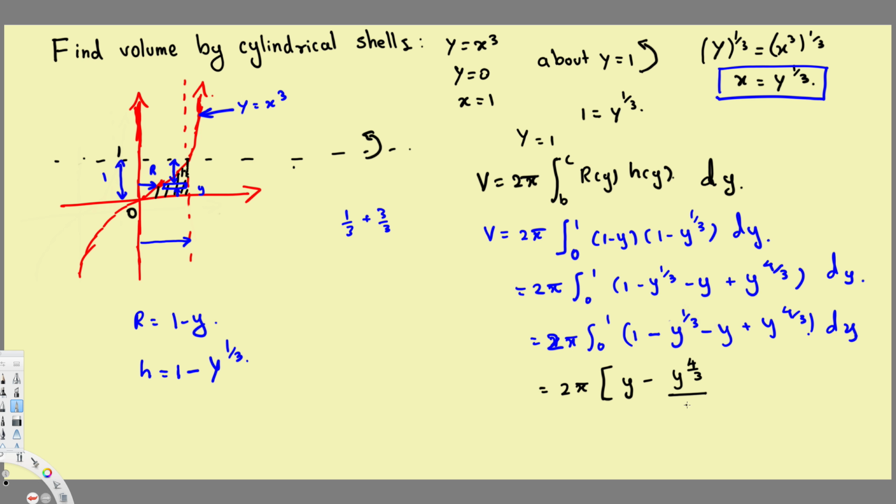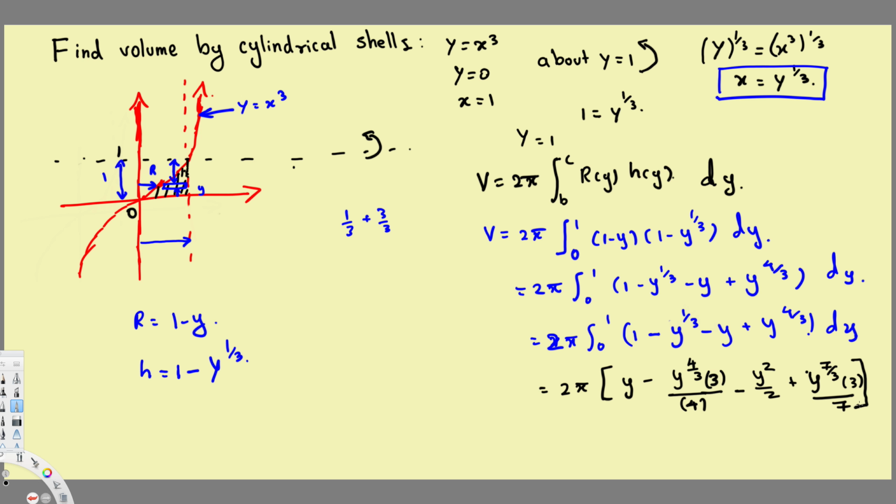Instead of dividing by 4/3, I can multiply by 3/4, so we put the 3 on top and 4 in the bottom. Then we have y, which is going to be just y squared divided by 2. Then if we add 1 to this exponent, this is going to give us y^(7/3), divided by 7/3, so I can bring the 3 to the top, multiplied by 3 over 7.